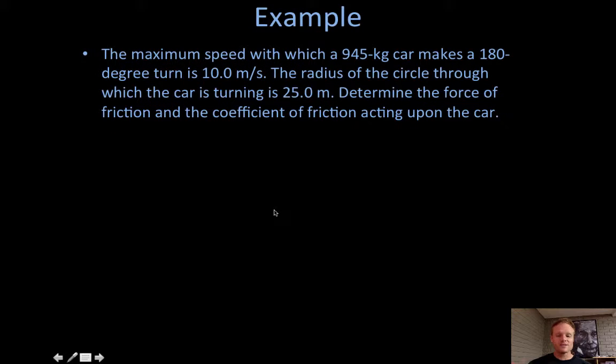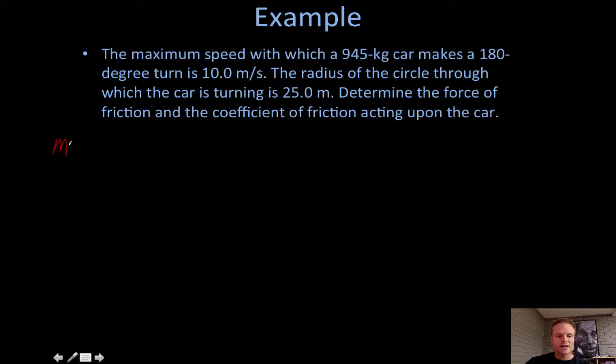So let's take it a step further. The maximum speed with which a 945 kilogram car makes a 180-degree turn is 10 meters per second. The radius of the circle through which the car is turning is 25 meters. Determine the force of friction and the coefficient of friction acting upon the car. First, I'm just going to write what I know about this car.